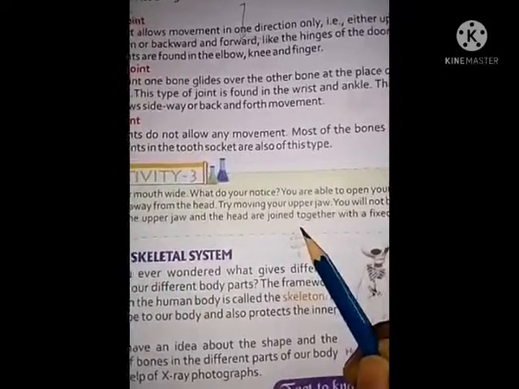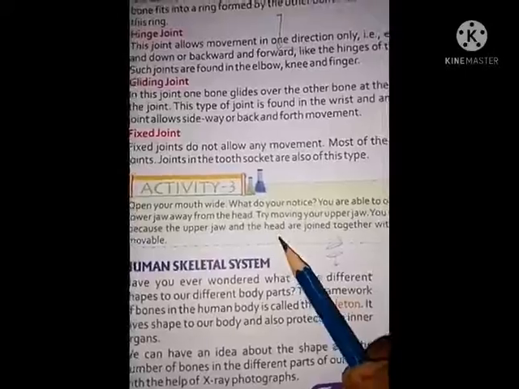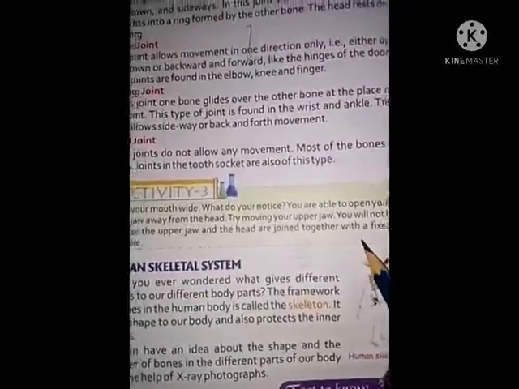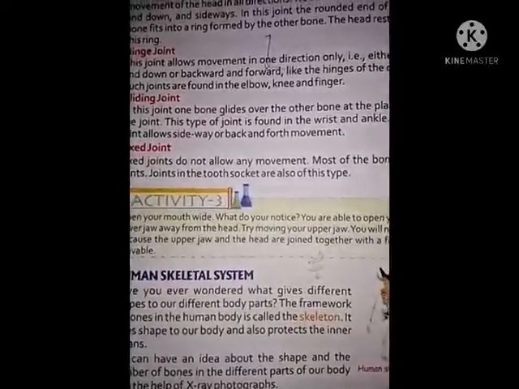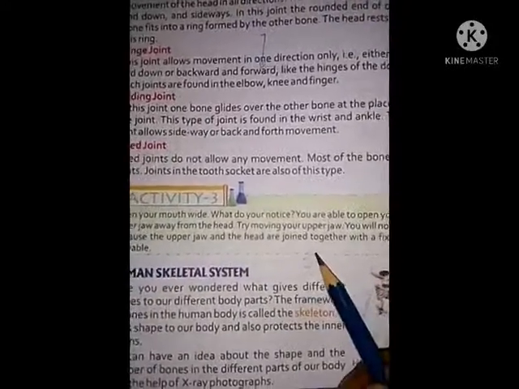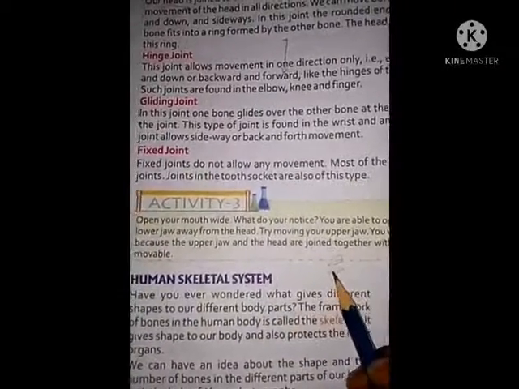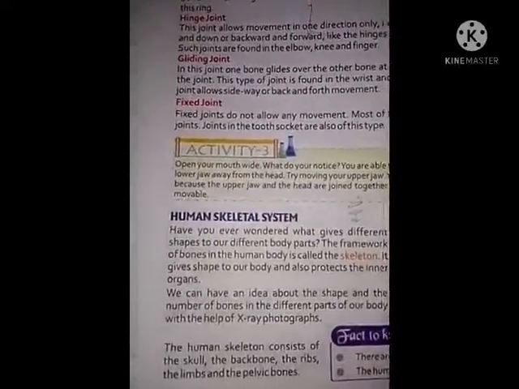You will not be able to move your upper jaw. Why? Because the upper jaw and the head are joined together with a fixed joint. We know that fixed joints do not allow any movement. So we cannot move the upper jaw. The lower jaw is movable. So with the help of the movement of the lower jaw, we can open our mouth widely.